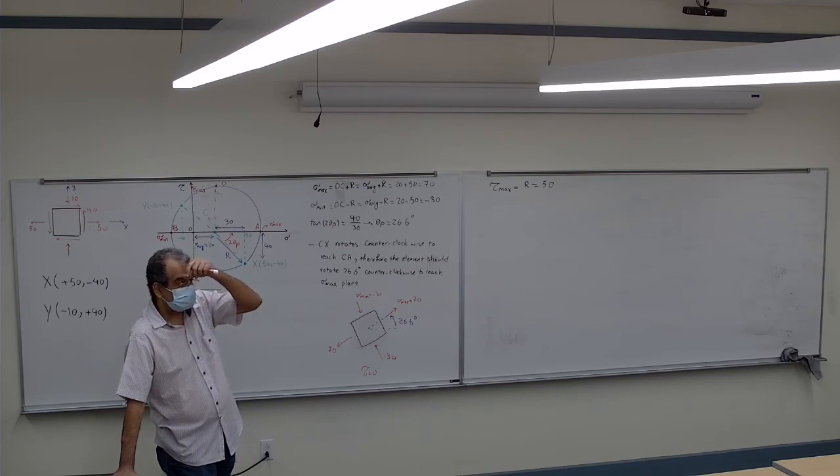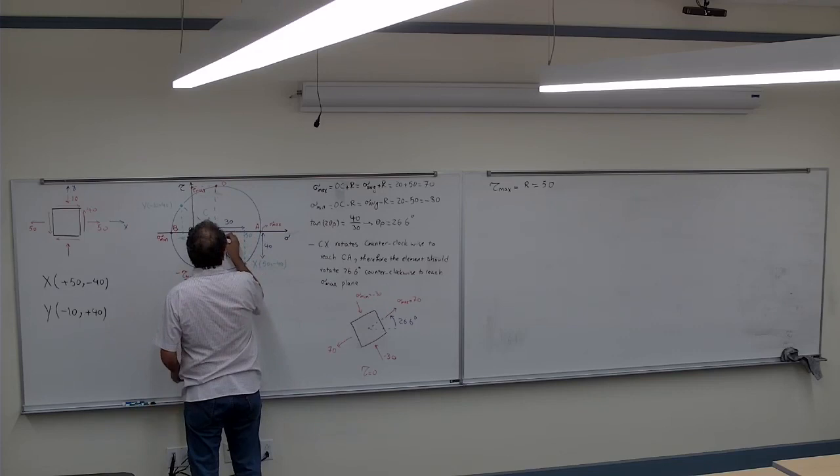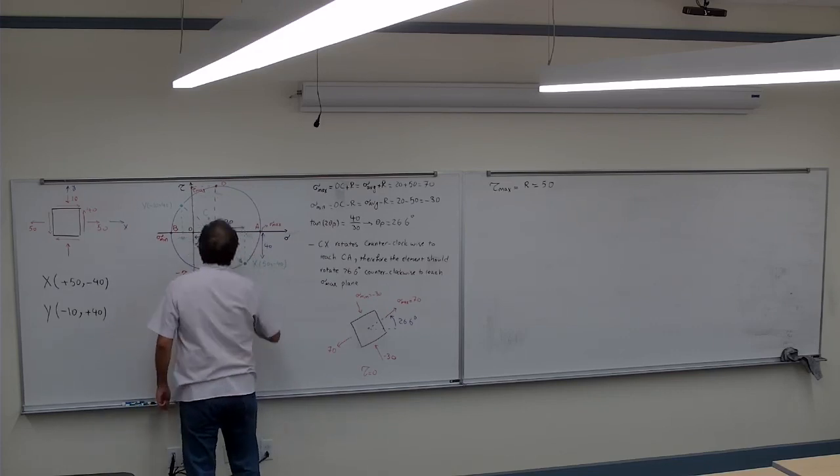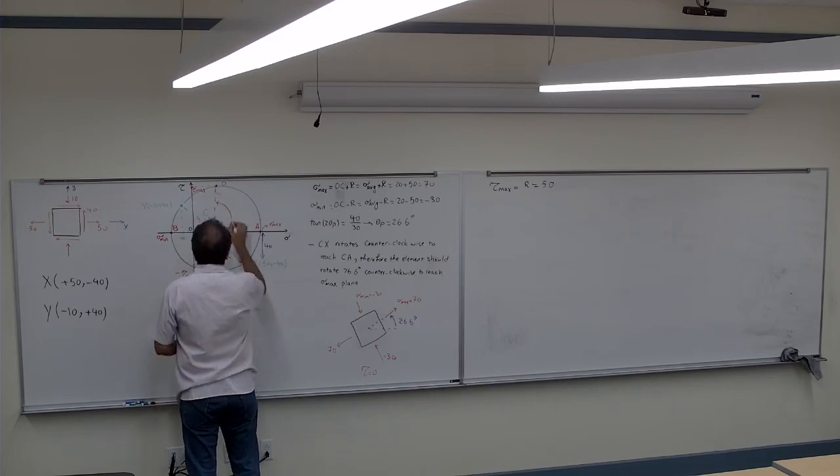So the 2 theta s is going from here to here. That is the 2 theta s. Correct?